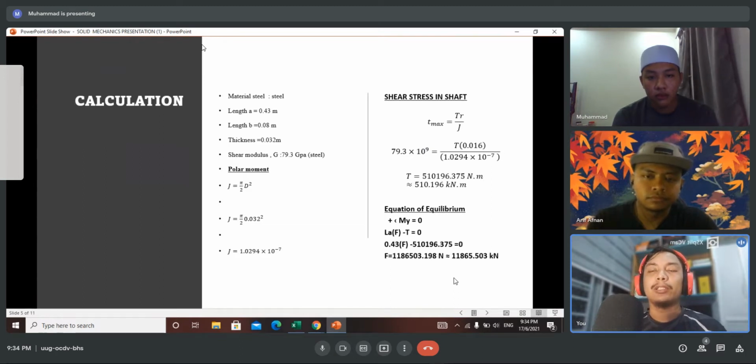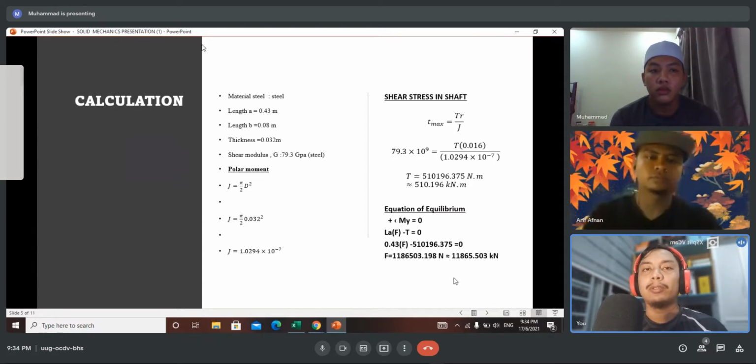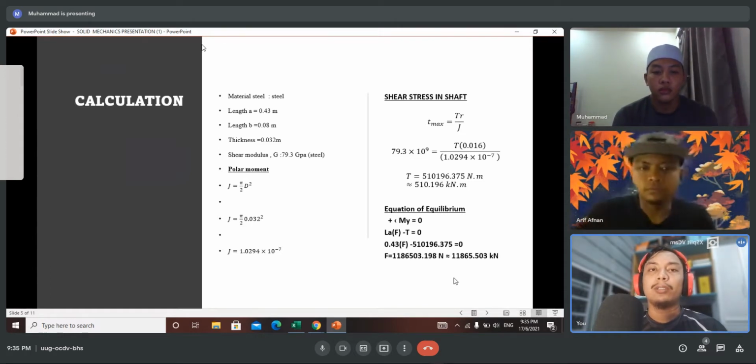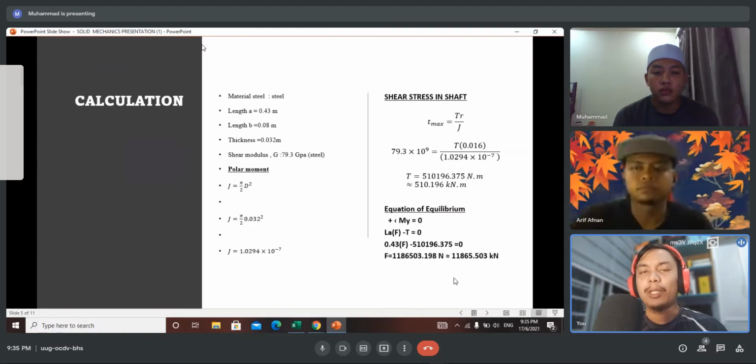The shear modulus of the steel is 79.3 gigapascal. For the polar moment, we use the polar moment equation and substitute the thickness into it.